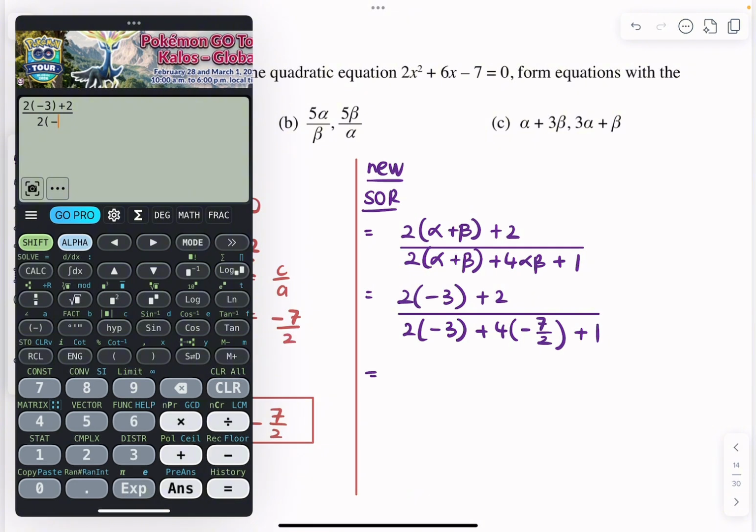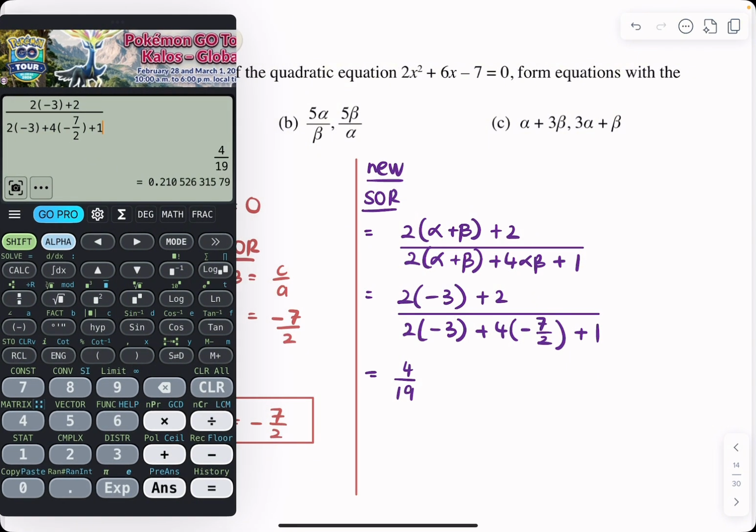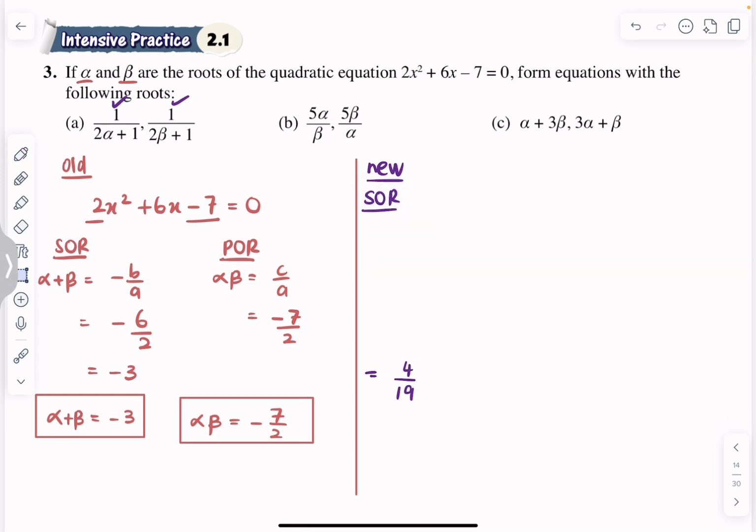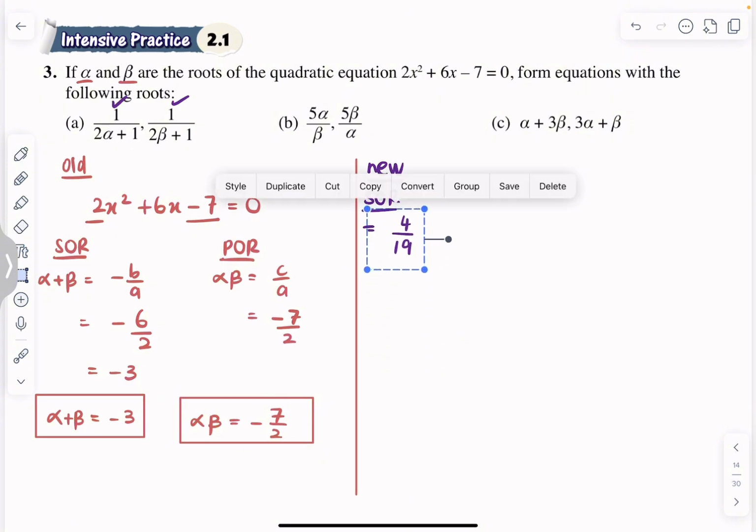Bottom here will be 2 times negative 3 plus 4 times negative 7 over 2 plus 1. We get 4 over 19. Okay, so this will be our new sum of roots, 4 over 19. I delete this to make space for POR. Next we find the product of roots, POR.